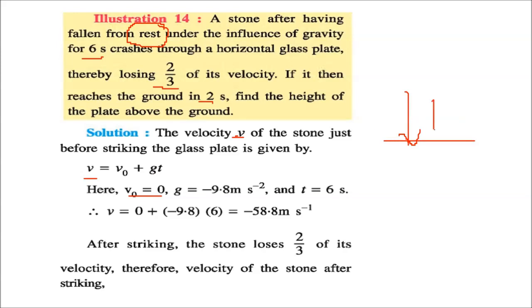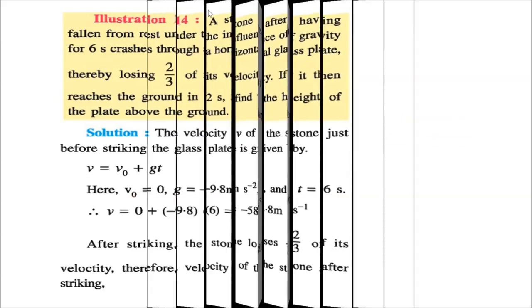Acceleration is always 9.8 meters per second square in this direction, and time is 6 seconds. So let us put these values in the first equation of motion. We get velocity equal to 58.8. Now it is said that it loses 2 by 3 of the velocity. That means it retains only 1 by 3rd of the velocity. So what is the initial velocity for the second case?